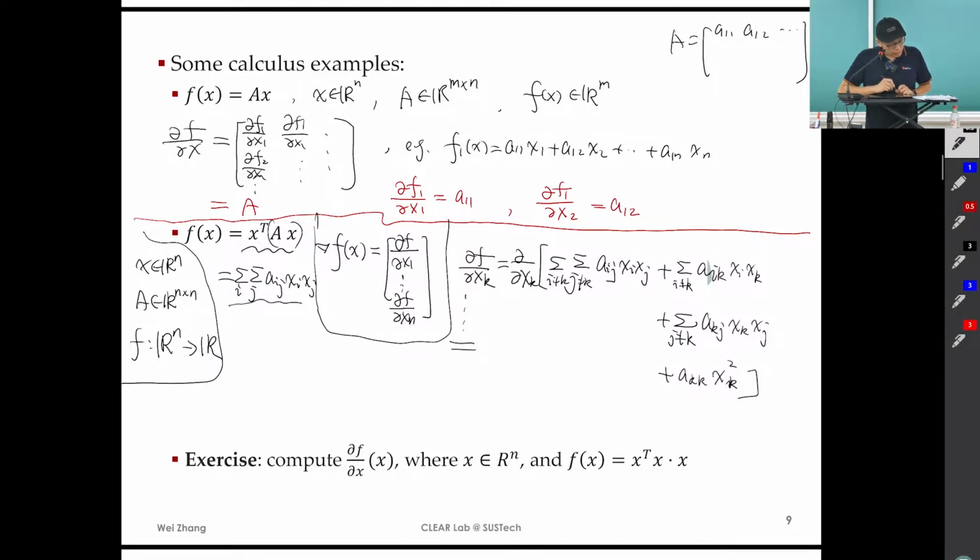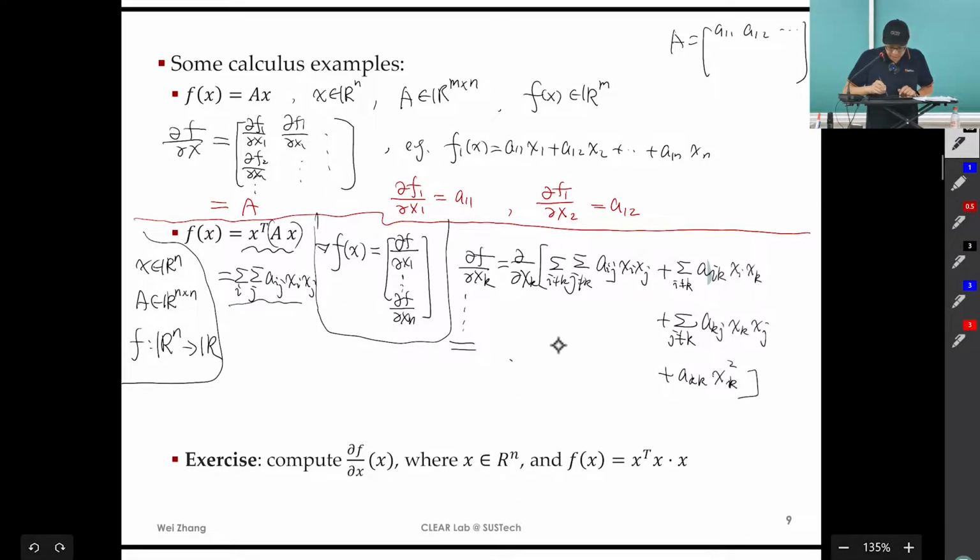Take derivative, eventually it will become partial f partial xk will be a k dot times x vector plus a transpose. How to say it?